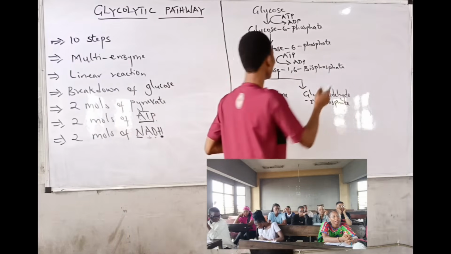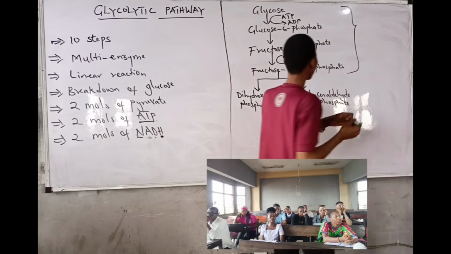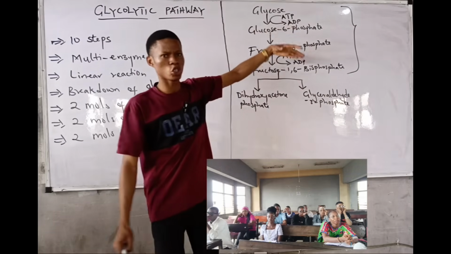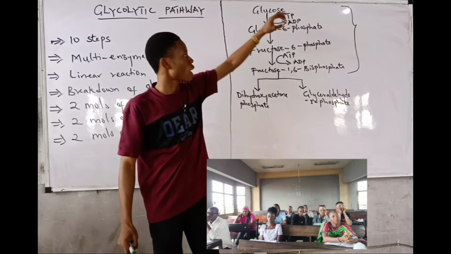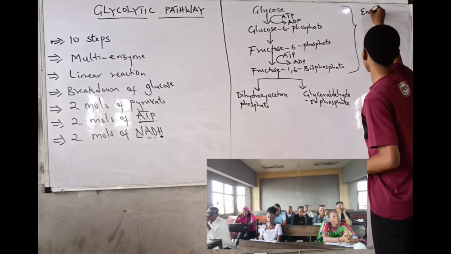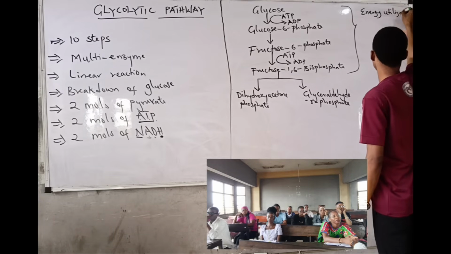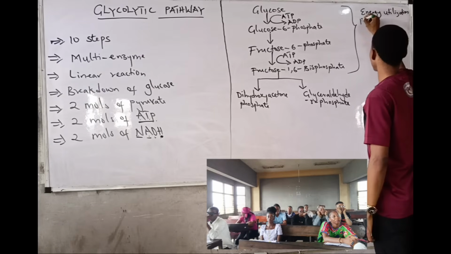Now this first phase we have here, what can you say about this? Were we using energy or producing energy? We're using energy, right? So we can call this the energy utilization phase. I'll give you the note.